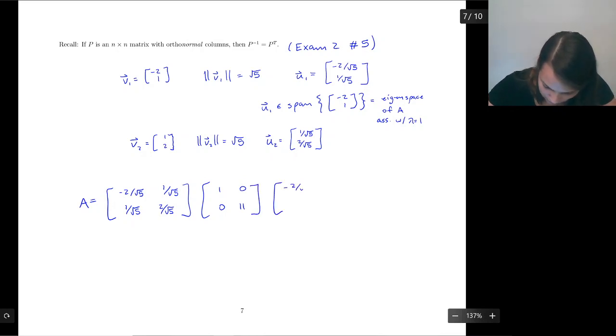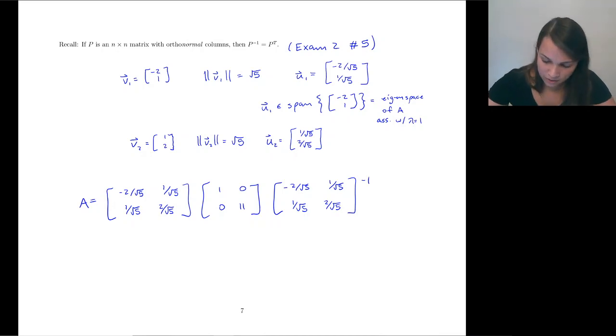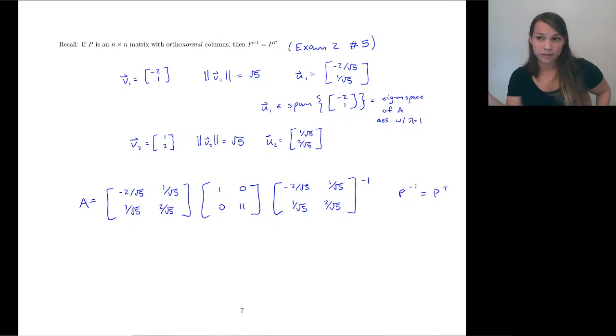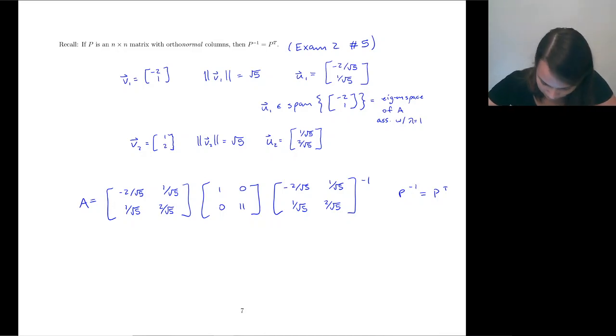Then -2 over root 5, 1 over root 5, 1 over root 5, 2 over root 5. Where we want to take the inverse of this matrix, but now, handy, P inverse is going to be equal to P transpose. So all we have to do is take a transpose. That's much easier.